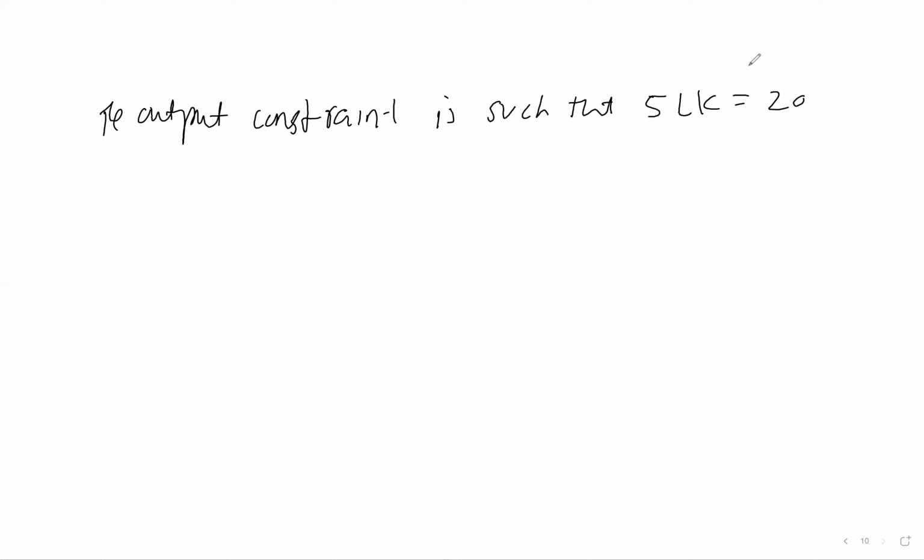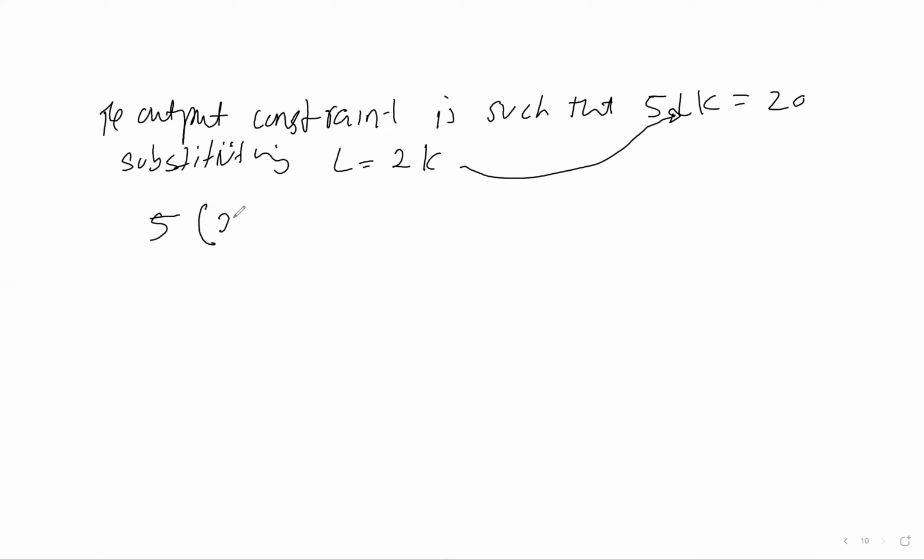What we do is substitute L equal to K right here. So we have 5 times K times K, and that is equal to 20. So 2 times 5 is 10, K times K is K squared, and that is equal to 20.